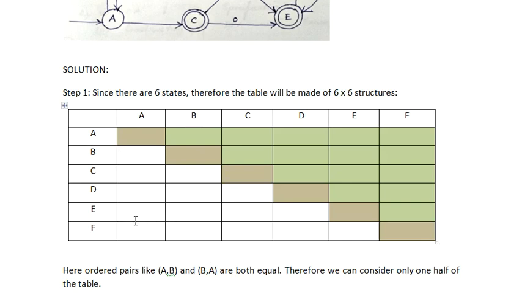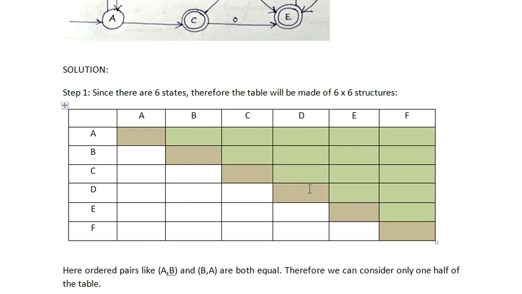So basically, while working with this structure, we will take either one portion of this table, either the lower part or the upper part, that depends on you. I have skipped the upper part, that's why I've marked it green. I'll be working only on these white spaces. Now about A, A, B, B, C, C, D, D, E, E, F, F, I will tell you why I have marked these silver and why I'm not working on those blocks.